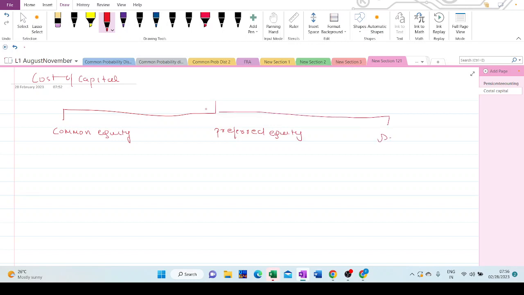These are the three ways in which a firm can raise capital to finance its operations and fund the purchase of its assets. We've already discussed the characteristics of common equity, preferred equity, and debt, but we'll quickly summarize it.